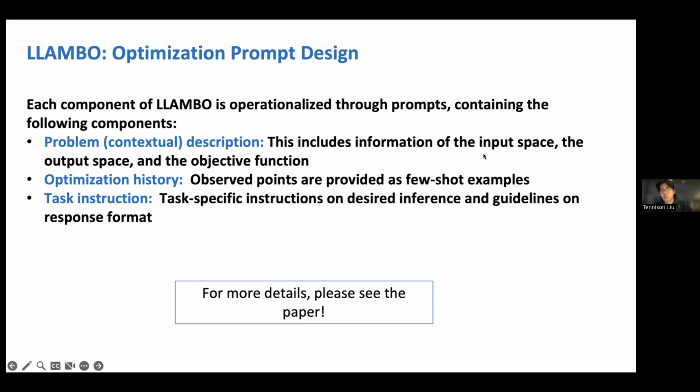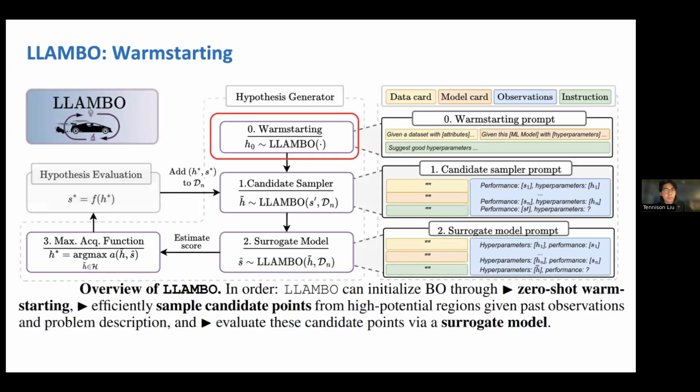This can include information about the input space, the output space, and the objective function. And the optimization history, which is just some serialization and concatenation of all the points that have been observed in the past during our search. Then some instructions for specific components on what the response should be and how it should be formatted. And this is mainly just for engineering, so it's easier to parse and integrate.